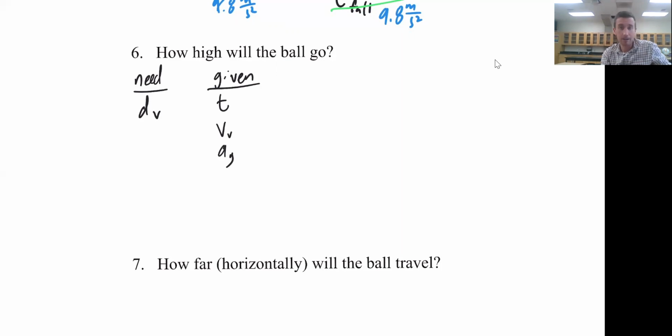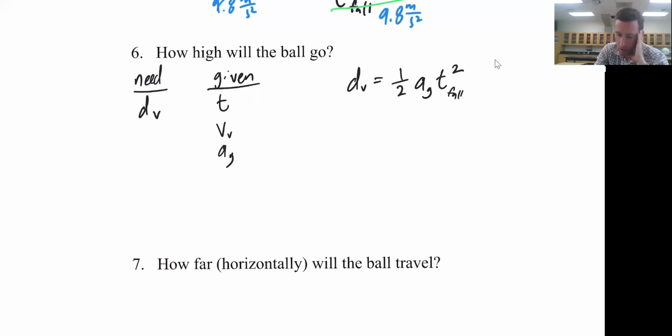So I could go back, check my physics everything sheet, and I see that I just added something for vertical distance, right? So my vertical distance equation was vertical distance equals 1/2 acceleration due to gravity time of the fall squared.